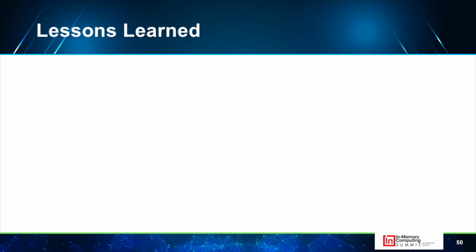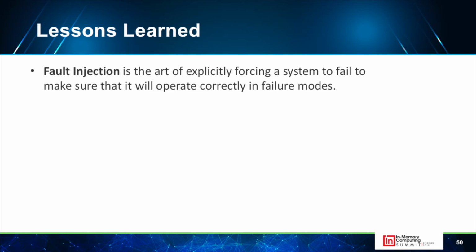And lessons learned. What I would like you to remember from my talk. First of all, fault injection. The method which deliberately introduces faults into a system to ensure it can recover from error conditions and can withstand them. What have we learned from using fault injection?